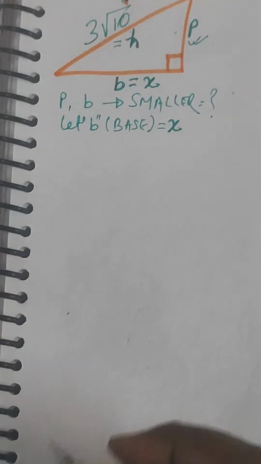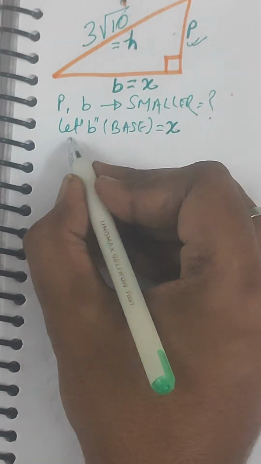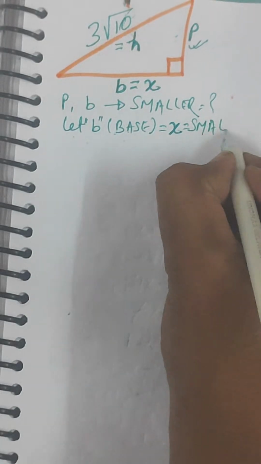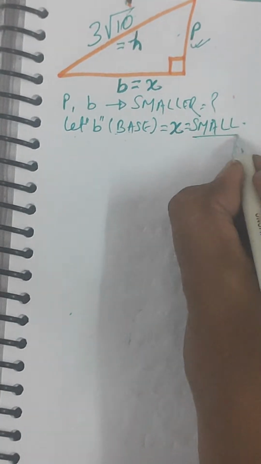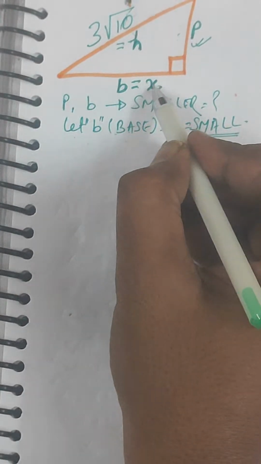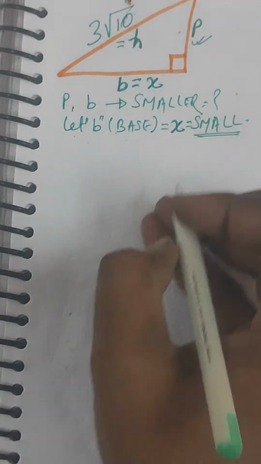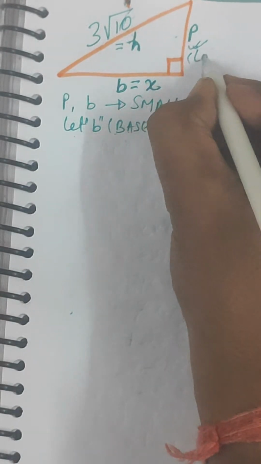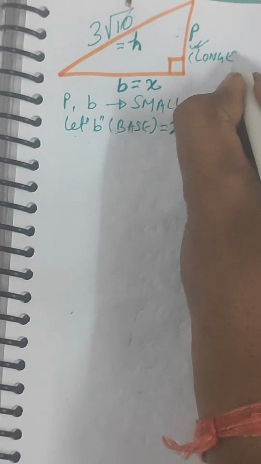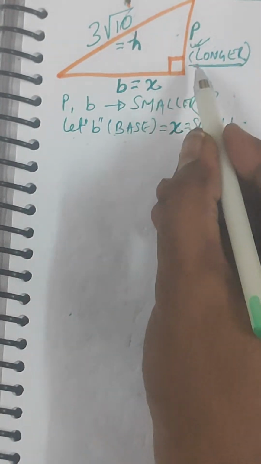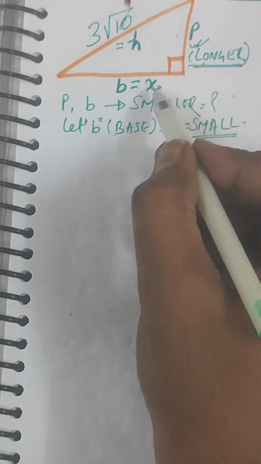Let us find it out. Let B equal to x as the smaller leg. If the base is smaller, then the perpendicular will be the longer, right? Perpendicular will be the longer.